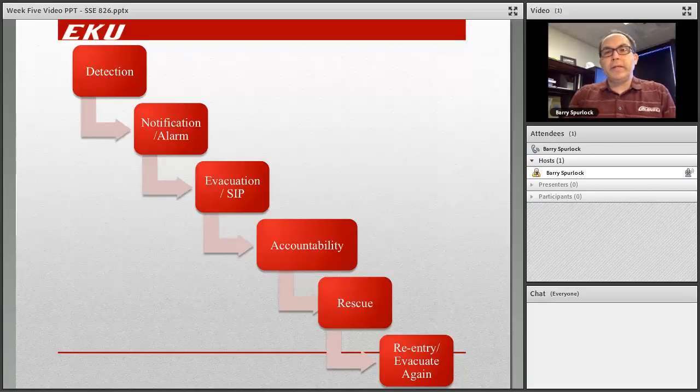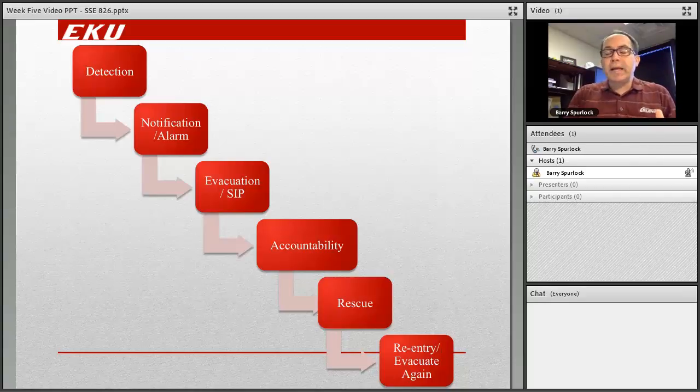Without accountability, we don't have the assurance that the objective of evacuation has been accomplished, because we may have left visitors, contractors, or other stakeholders in a zone of danger. Then that would prompt some type of rescue operation.